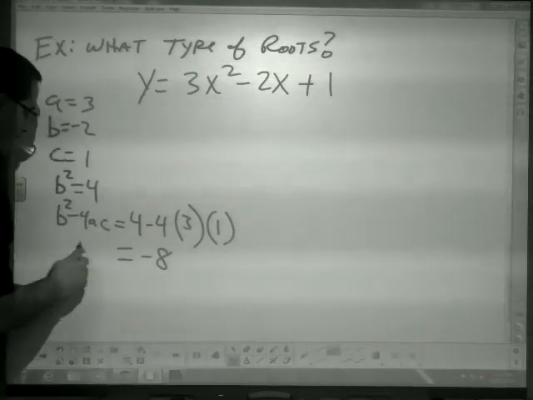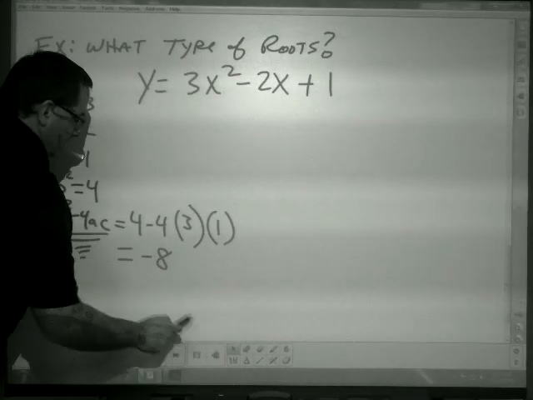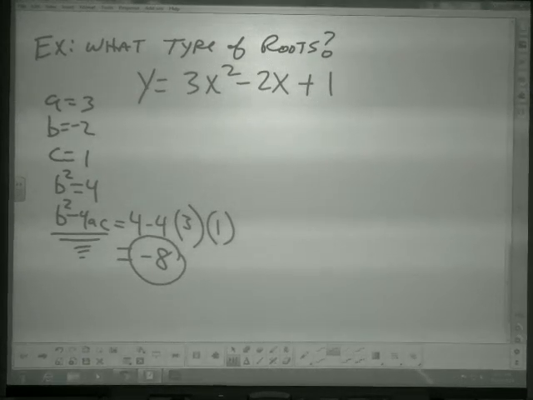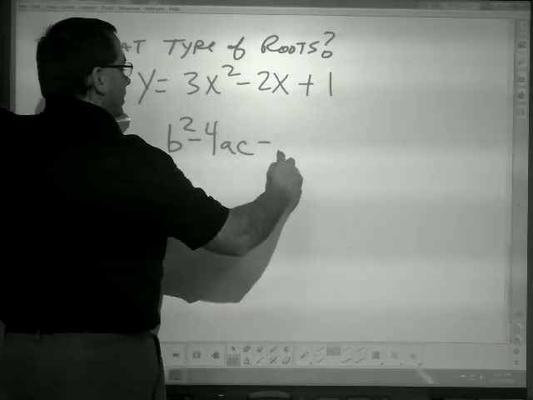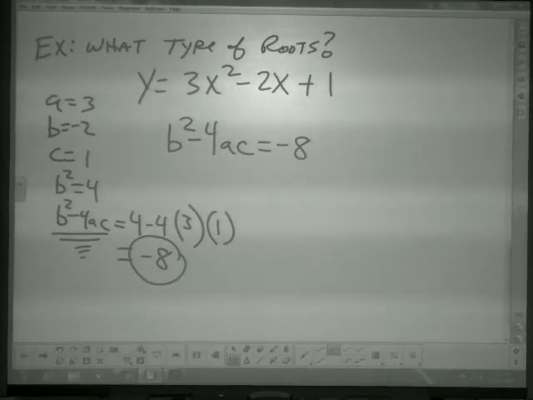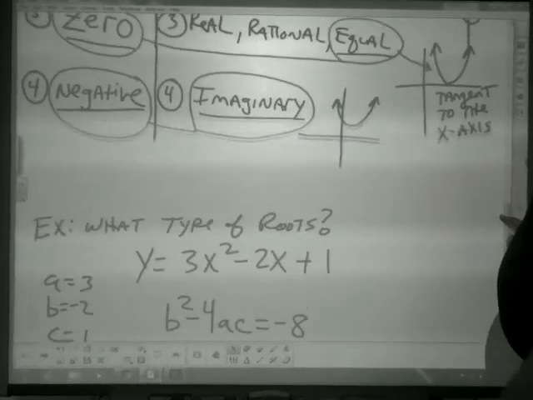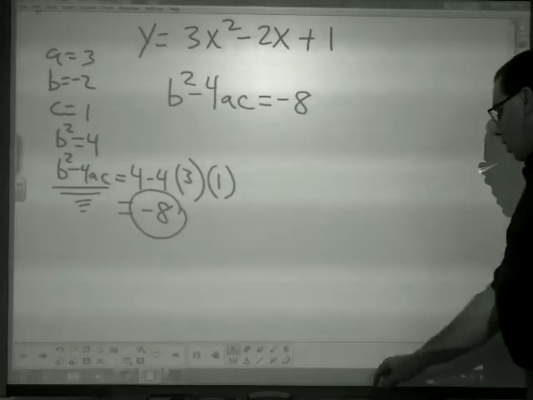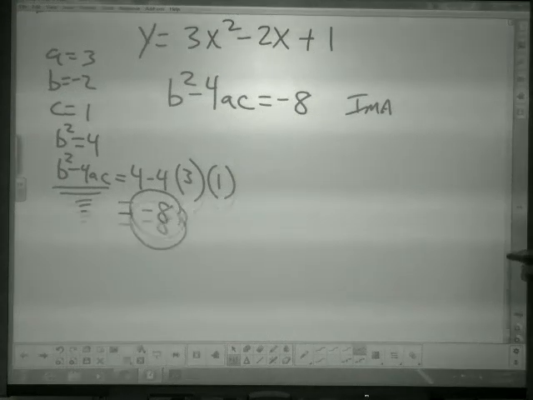It is this part here that's the most important, because this turns out to be negative 8. Negative 8 says that we have what type of roots? Let's go back to our chart. Negative, hey, there it is. Negative, we get imaginary roots. And so our answer is just imaginary, okay?